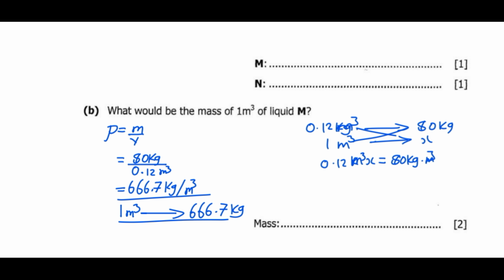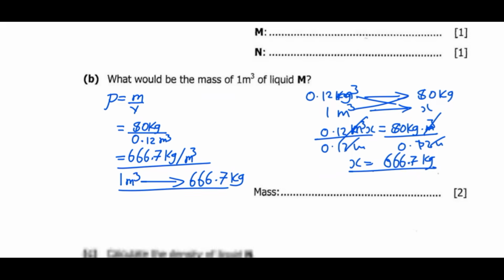So we divide by this, and also we divide by this. If we cancel, this will cancel. So 80 divided by this will still give the same answer. So it's 666.7 kg. So that is what the question is.